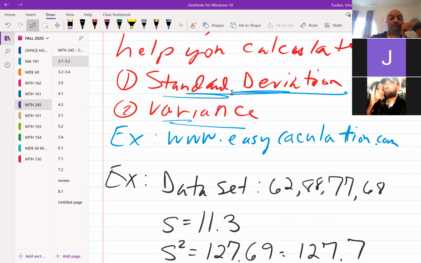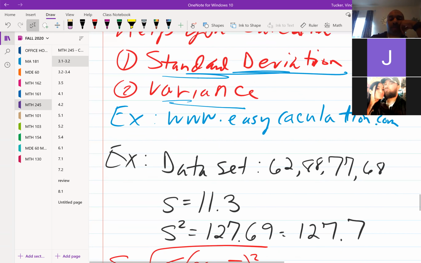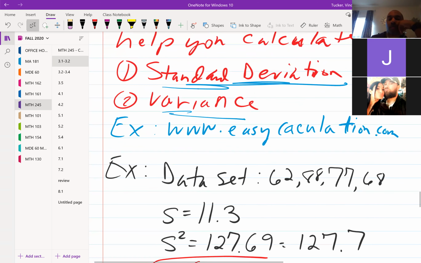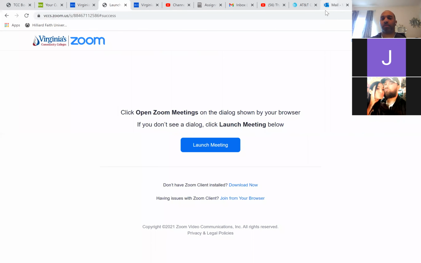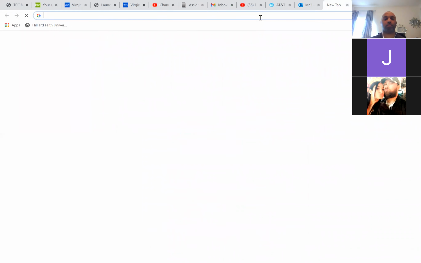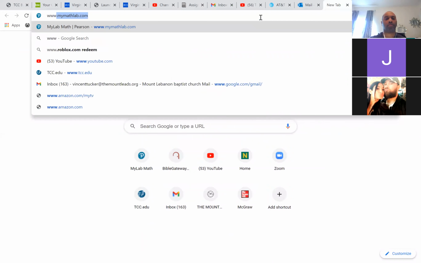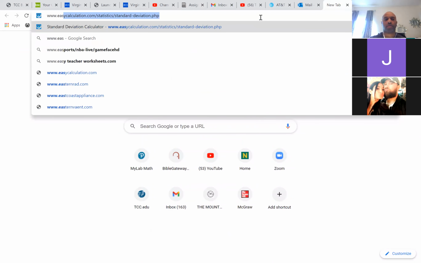StatCrunch, remember we mentioned StatCrunch when we were going through MyMathLab helps. StatCrunch can do it as well. I just have to get used to the system, that's all. So let me do this. How would I do it?